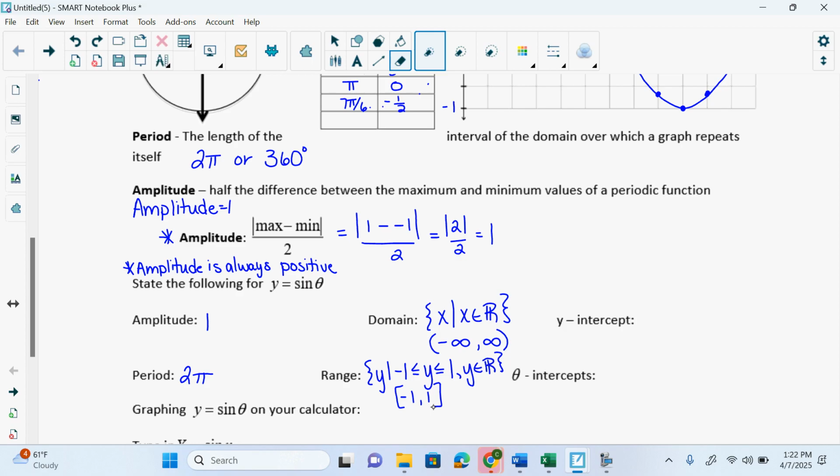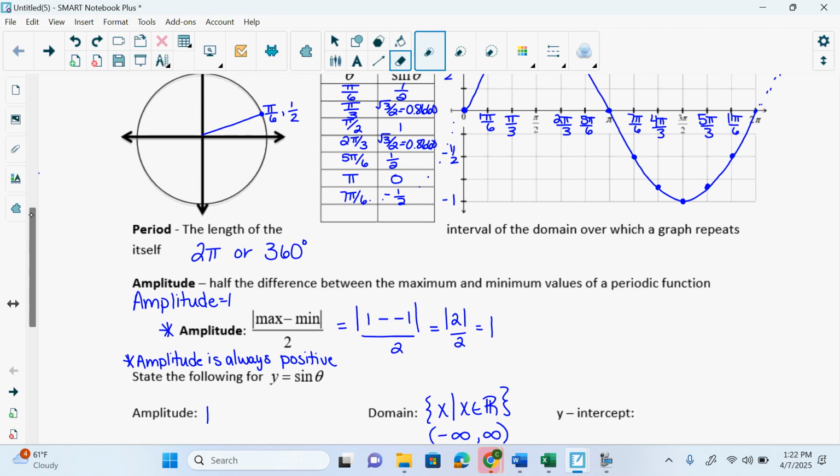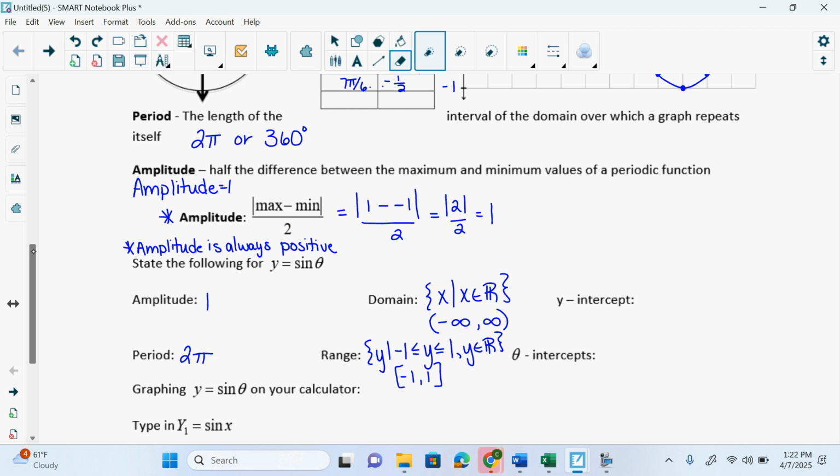The graph above, what is your y-intercept? 0, 0. What do your x-intercepts happen at? X equals 0, what else? Pi, what else? 2 pi, 3 pi, 4 pi, negative pi, negative 2 pi, negative 3 pi.